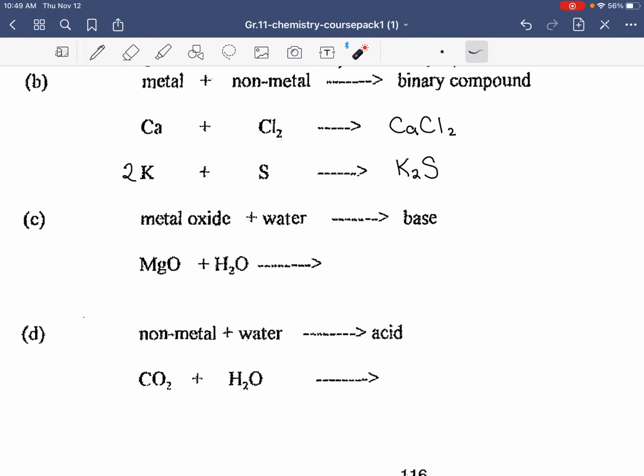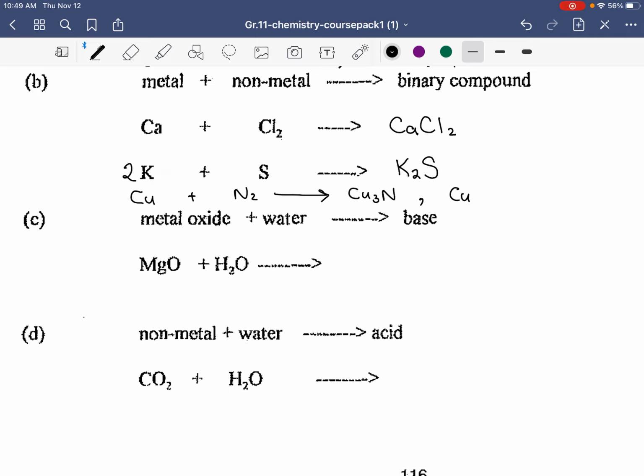All right, let me just give you an example. Why not? Copper plus nitrogen. What are you going to get? Well, copper can be +1 or +2. Let's say +1, you'll have Cu3N. This is based on copper +1.